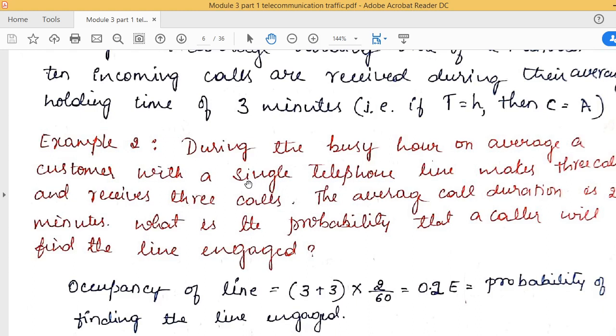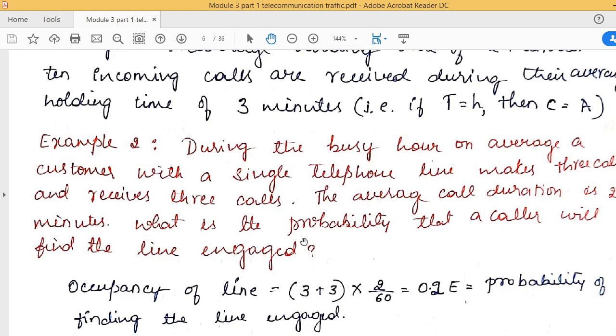So it is given that a customer is making 3 outgoing calls and he is also receiving 3 different calls. The average call duration is about 2 minutes, with respect to incoming as well as outgoing calls.